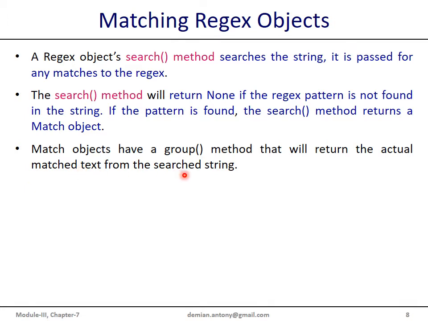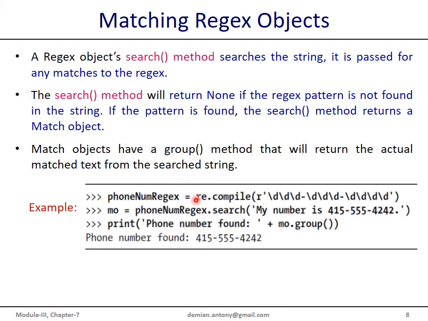Let us take up the example. We create the regular expression object by using the method compile, and we pass a raw string representing the regular expression pattern like this, a simple pattern, and we apply the search method on the regular expression object.